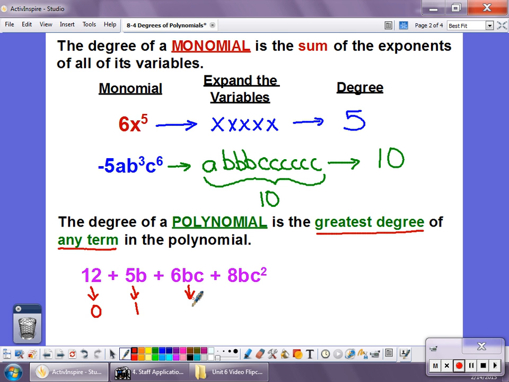This one has a degree of 2. And this one has a degree of 3 because there are 3 variables. There's 1 b and 2 c's. The degree of the polynomial is the greatest degree that I have. In this case, the greatest degree that I have is 3, so we would say the degree of this polynomial is 3 because 3 is the greatest degree that I have.